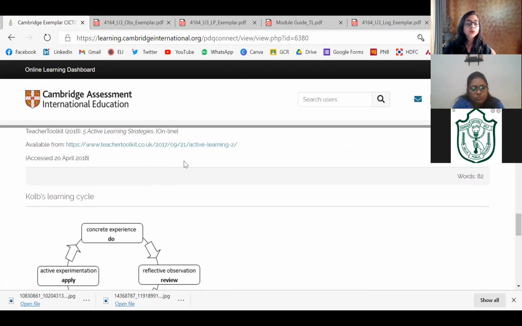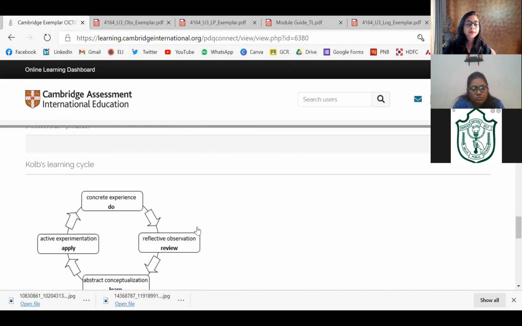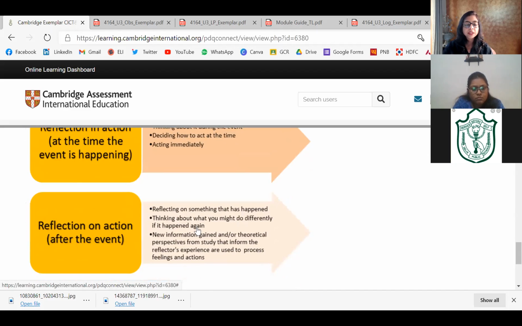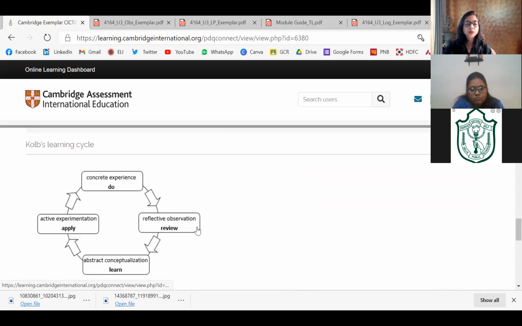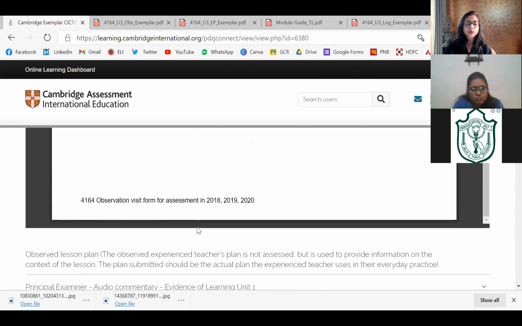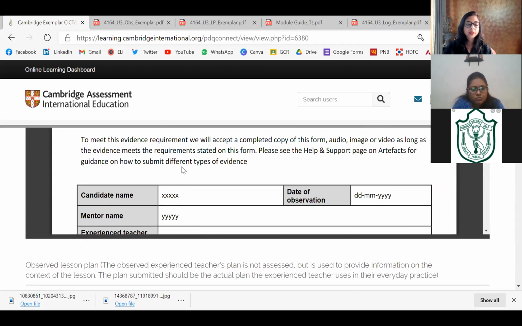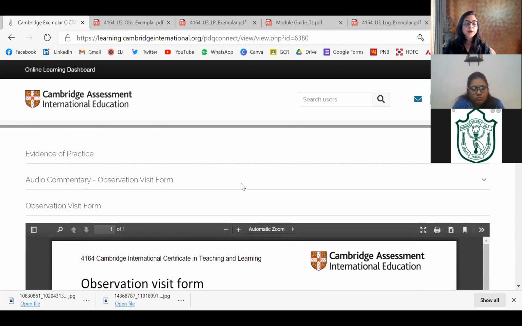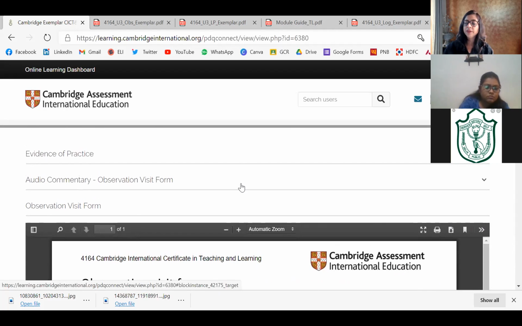Now, if you want to, you can attach some pictures or images in your portfolio. And that's how you have to complete your unit 1 work. So largely it is your evidence of learning, evidence of reflection, and one observation visit form which has to be filled. So unit 1 is a little light, right?